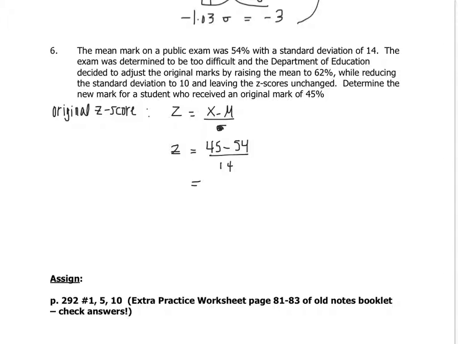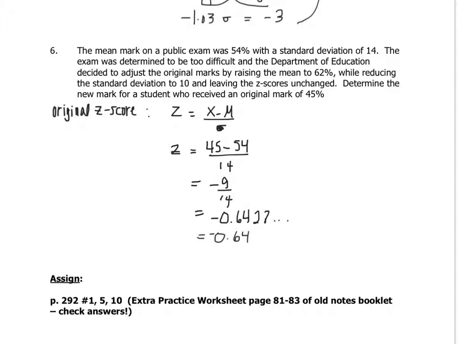So when we work that out, we get negative 9 divided by 14, which is negative 0.642 and so on. So to 2 decimal places, that would be negative 0.64.